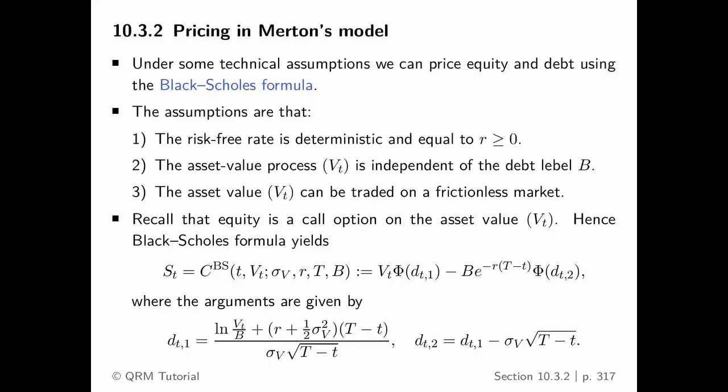Equity is a call option on the assets of the firm. Therefore, the value of equity at some time t should be given by the Black-Scholes call formula. We'll just call this CBS, call Black-Scholes.